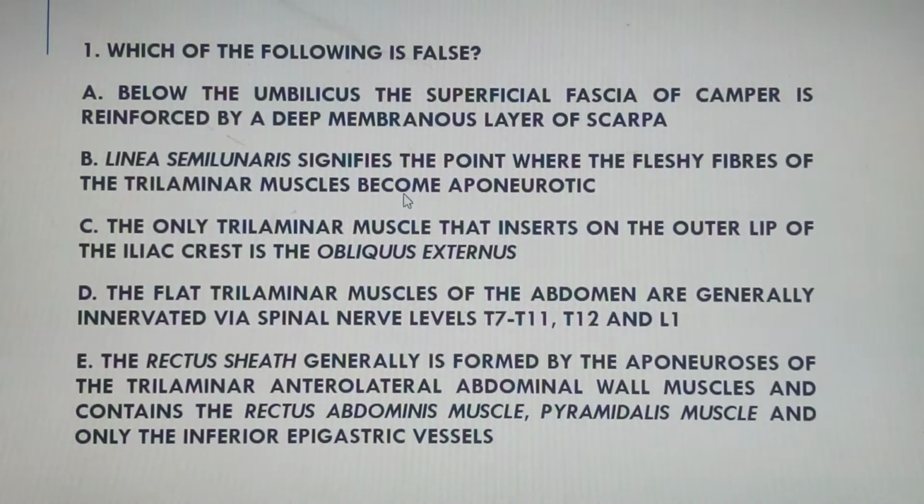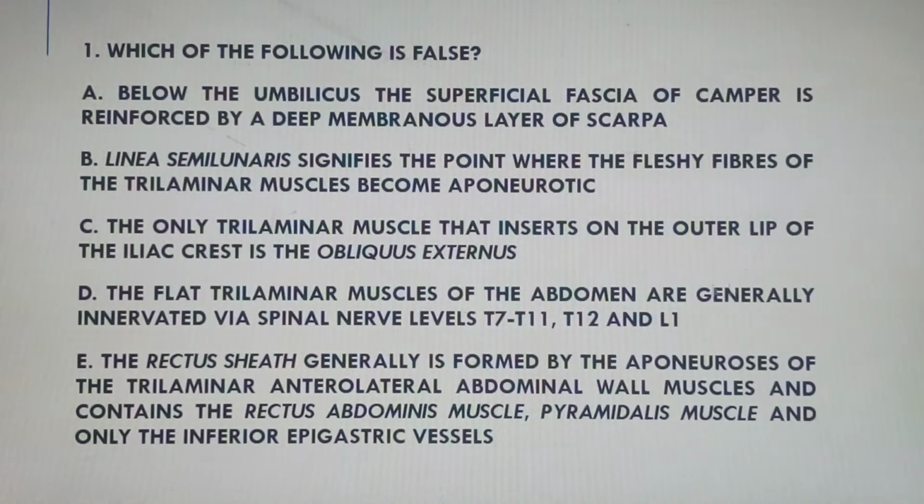I'll show you that. Now, option C says the only trilaminar muscle that inserts on the outer lip of the iliac crest is the obliquus externus. So this is actually a very true statement. Now, remember, all these three flat muscles of the anterolateral abdominal wall that we are talking about, namely external oblique muscle, internal oblique muscle, and then of course, transversus abdominis muscle.